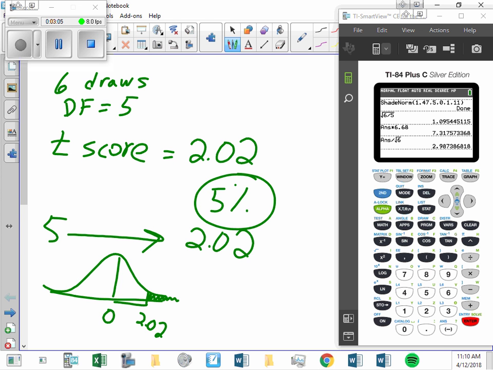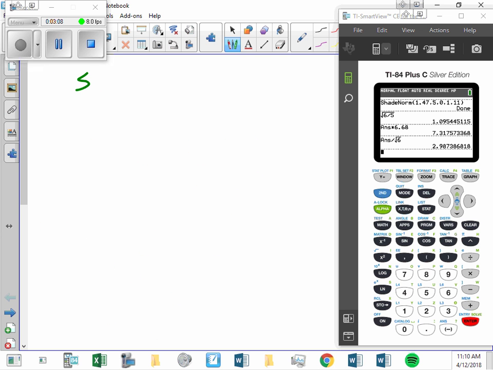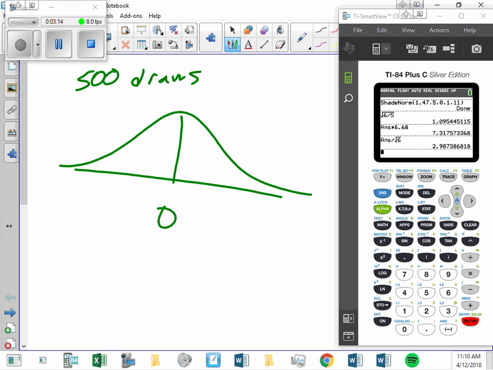Okay, so this is what it means. Let's say I had 500 draws. Okay, here's 0, and here is plus 2. Nope, sorry, that's not what I wanted. Yeah, this is a normal curve. If this is 5%, then what is this mark right here?